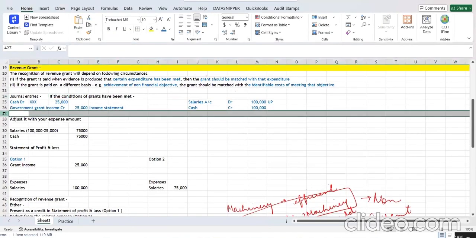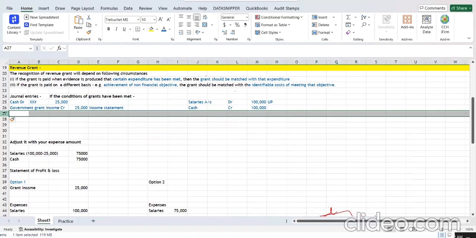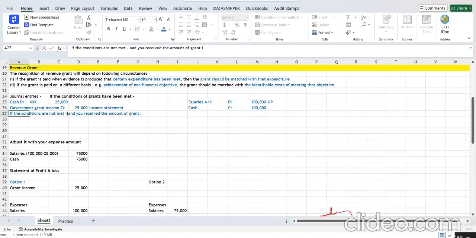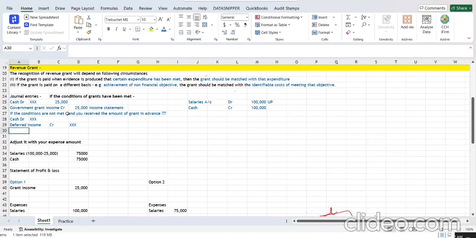However, I just want to add one more thing here: if the conditions are not met and you received the amount of grant in advance, what will you do? You will debit cash for XX amount, and then you will credit deferred income for the excess amount, right?